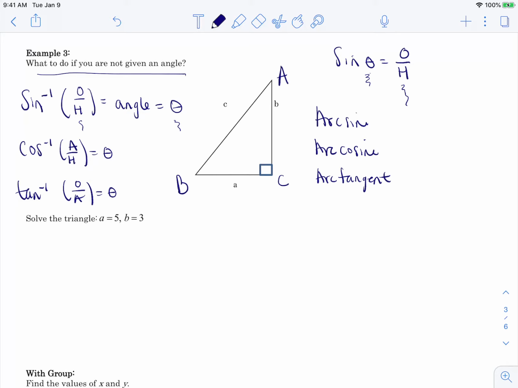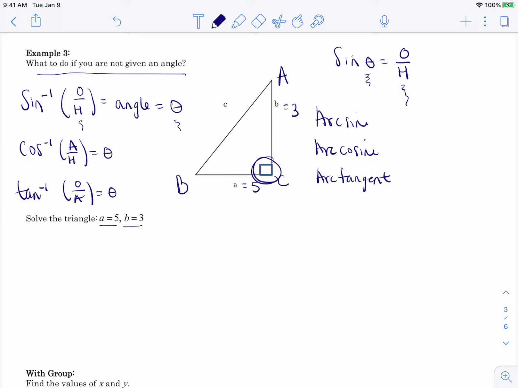All right, if I'm looking at this triangle, it says solve the triangle. We have a is 5 and b is 3. Right off the bat, I can solve for c because it's a right triangle. Make sure it has to be a right triangle in order to use the Pythagorean theorem.